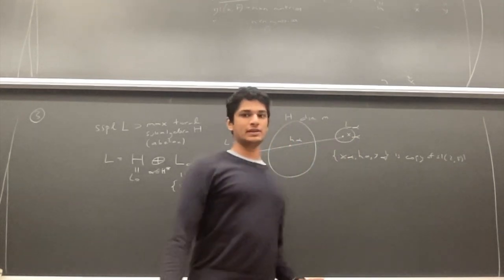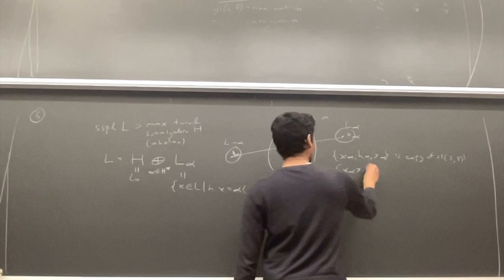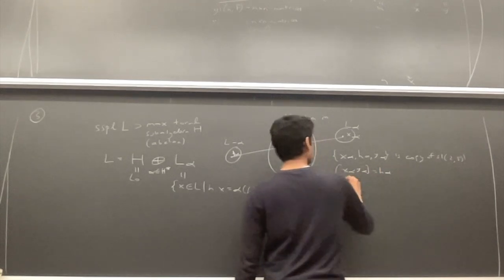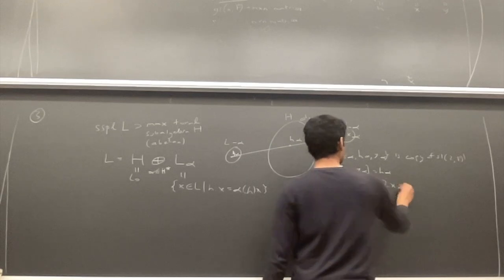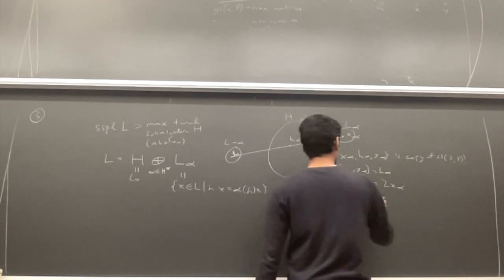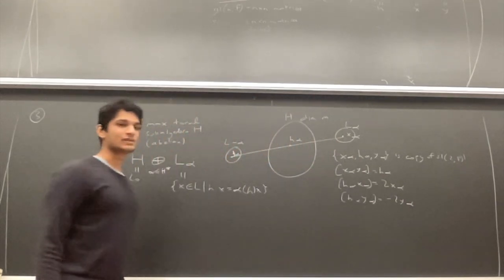What does that mean? It means that we have our three multiplication properties: H alpha, X alpha is 2X alpha, and H alpha, Y alpha is minus 2Y alpha. And this is going to be very important.